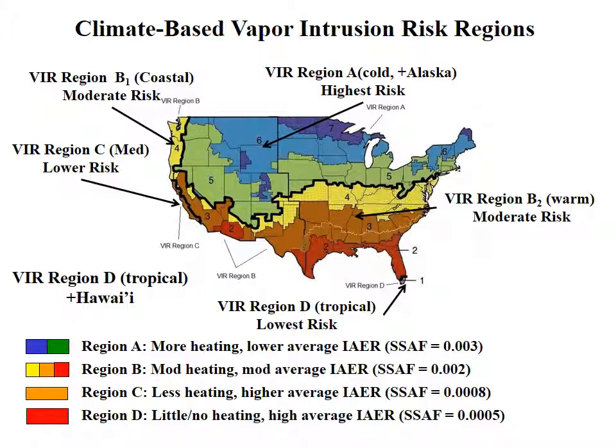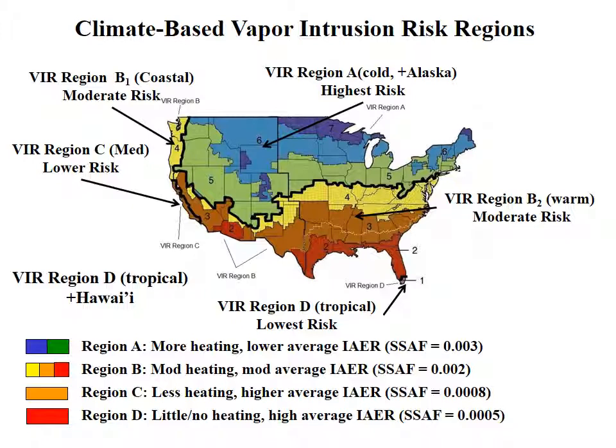Now again, based on radon studies and building ventilation studies and models, we assigned a vapor flux rate, or vapor entry rate, to each one of these regions, and also a default indoor air exchange rate to each region. And then we use the ratio of those, the vapor entry rate and the indoor air exchange rate for each region, to calculate a default subslab attenuation factor.